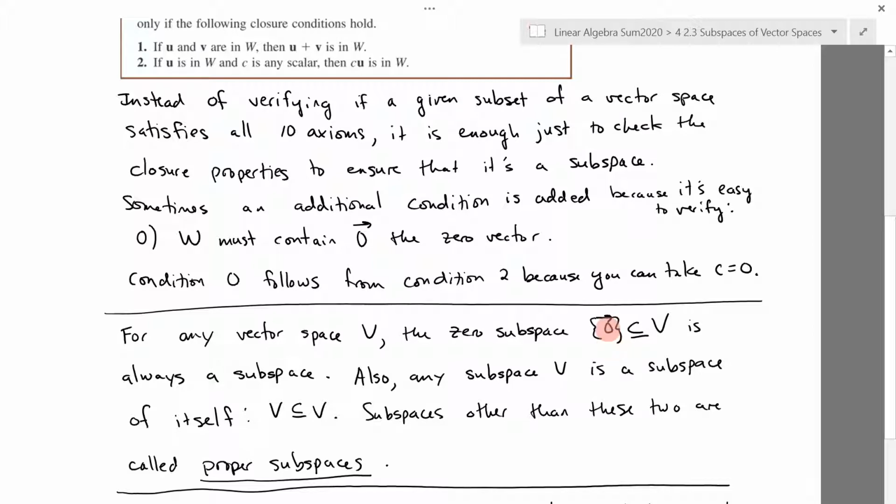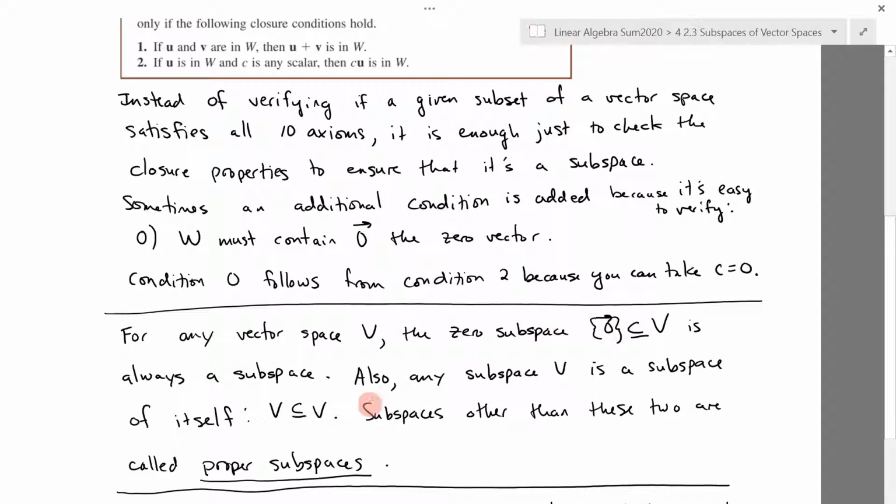And any scalar times the zero vector always gives you the zero vector. So the zero subspace satisfies the two conditions, and the vector space itself is obviously a vector space, and so any vector space is always a subspace of itself.